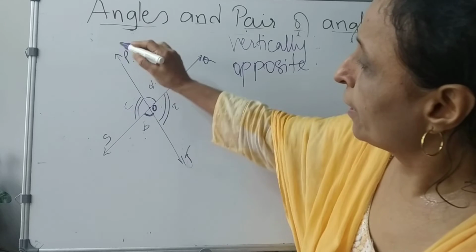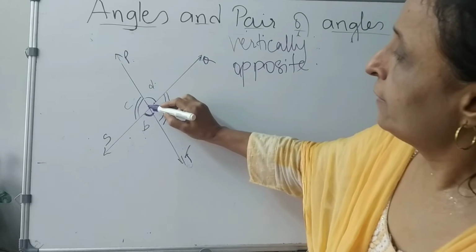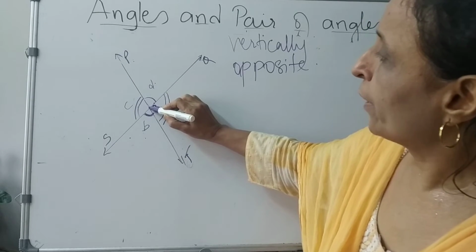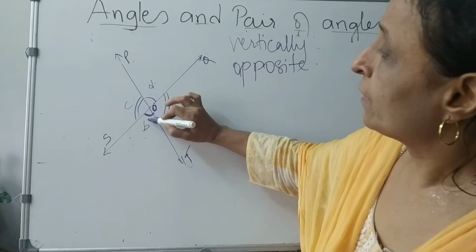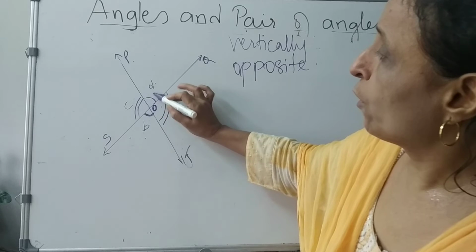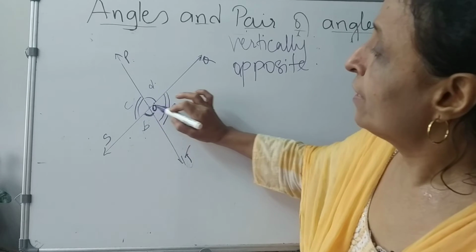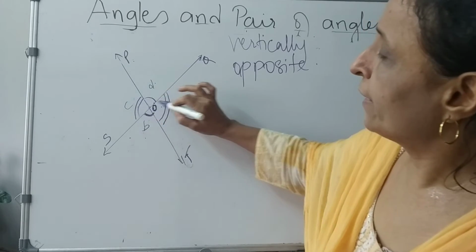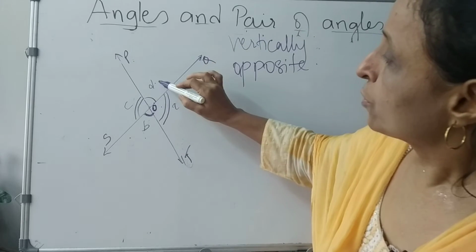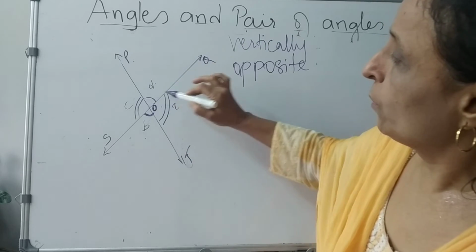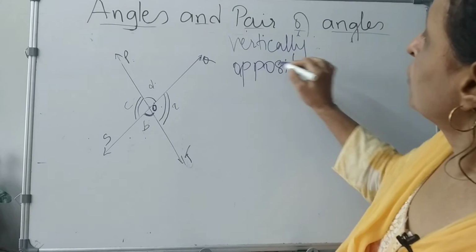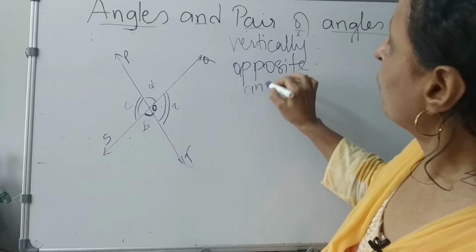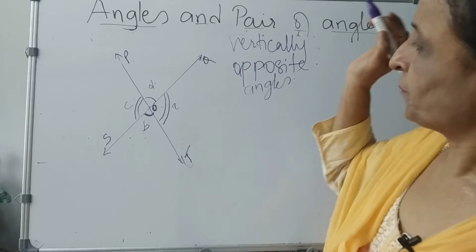They have combined to form a line and there is an intersection point, the origin of these rays. When the angles are formed, they are known as vertically opposite angles. And these vertically opposite angles are equal. So these two angles are equal, these two angles are equal.